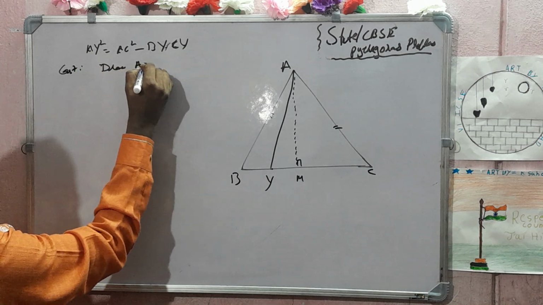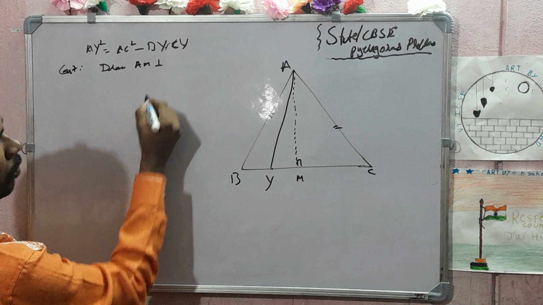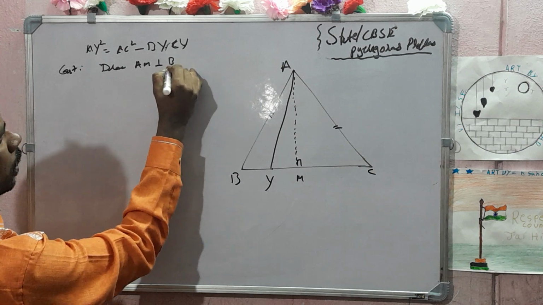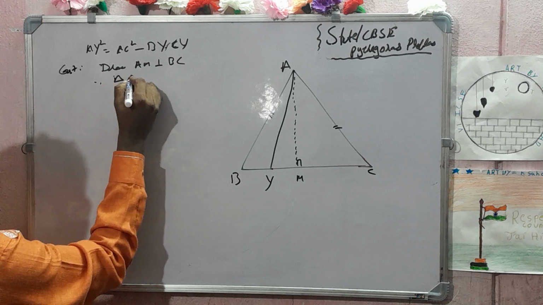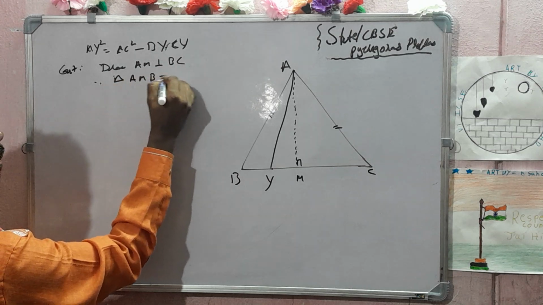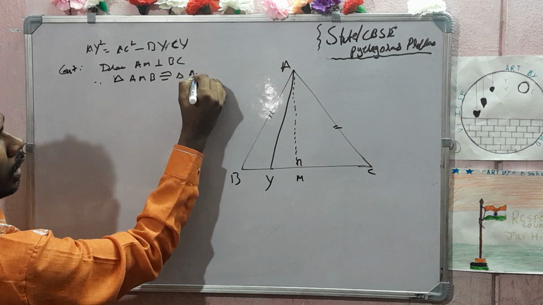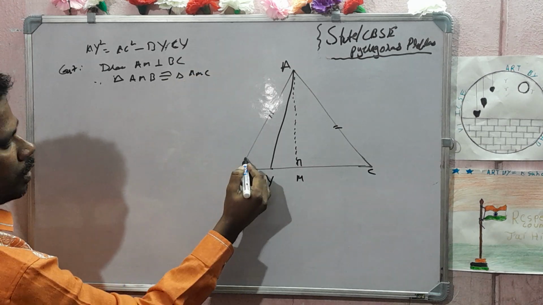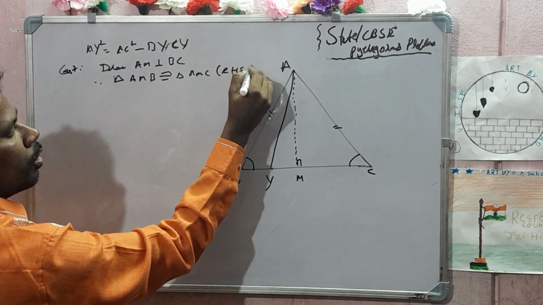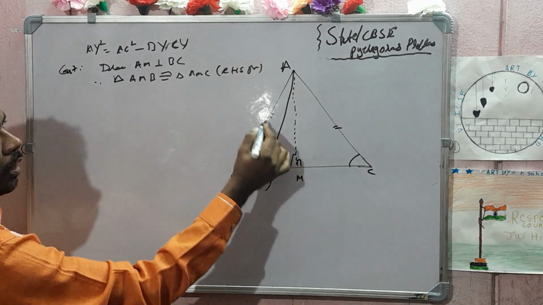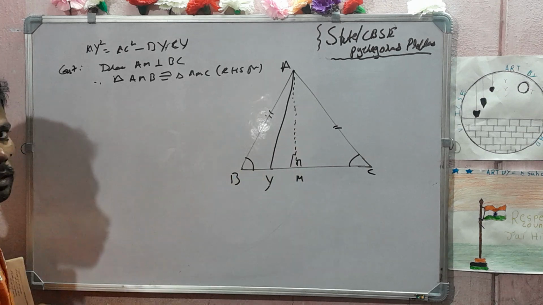Draw AM perpendicular to BC. Therefore, triangle AMB is congruent to triangle AMC by RHS property: right angle, hypotenuse, common side.